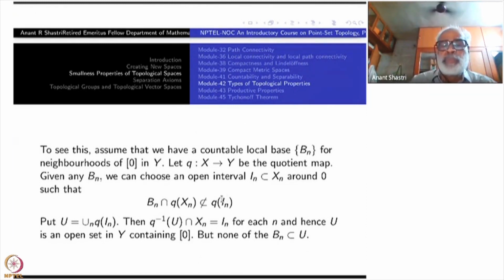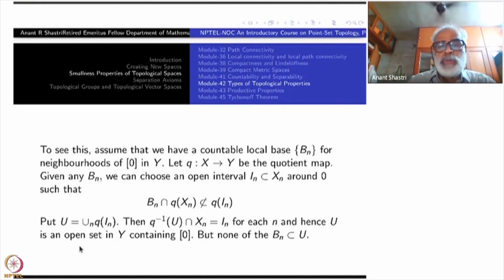That's all. Okay. So once you have got for each n this interval In, you take U to be the disjoint union of all the In's. When you take Q of those things, that will be an open subset because the inverse image will be precisely the disjoint union of these In's.